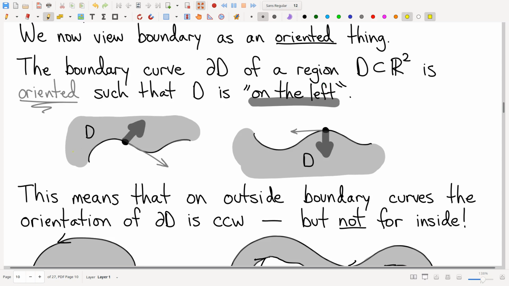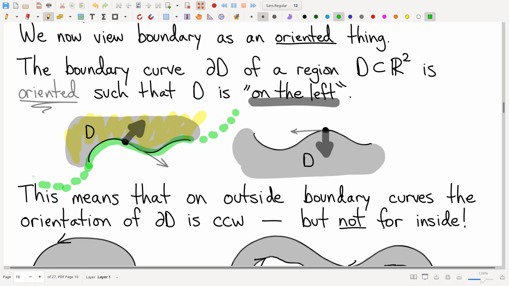So the arbitrary but standard convention on orientation goes like this. If you have a region, and I'm only drawing a part of the region D here, D is some big region, and I just want to focus on one little part. The boundary curve means exactly what you think it means. So it goes on and on.